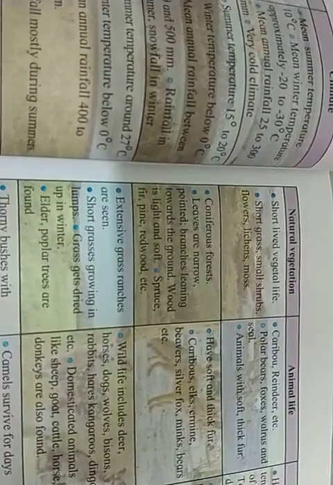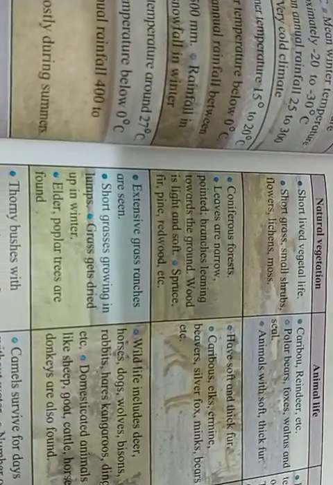Then natural vegetation: coniferous forest, leaves are narrow, pointed, branches leaning towards the ground, wood is light and soft: spruce, fir, pine, redwood, etc. This kind of vegetation you will see here. Then animals have soft thick fur: caribou, ermine, beavers, silver fox, minks, bears, etc. These kinds of animals you will see.